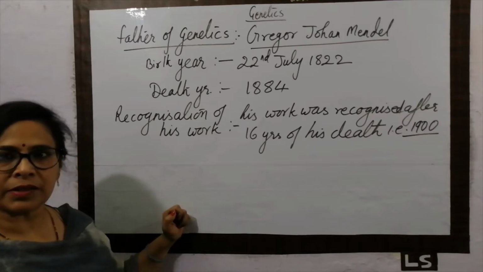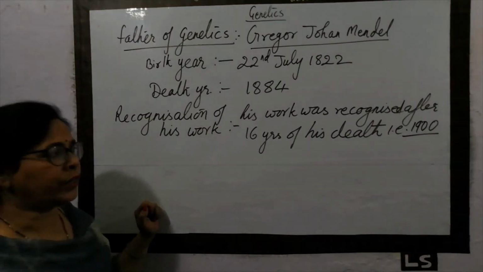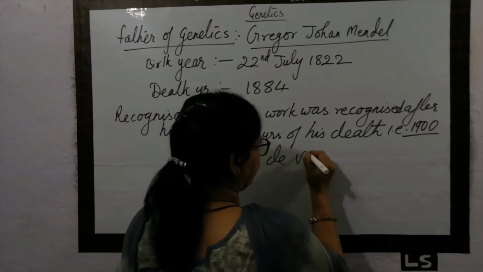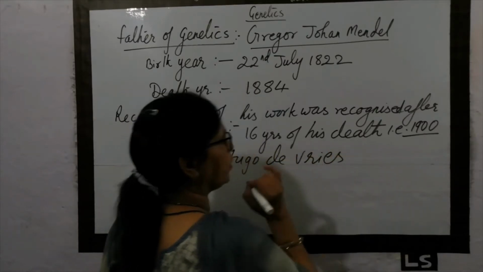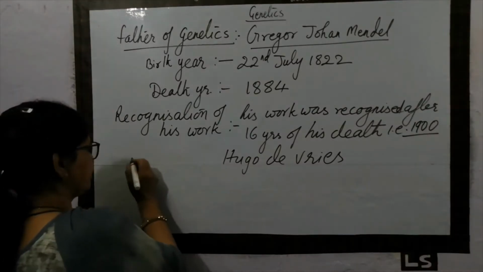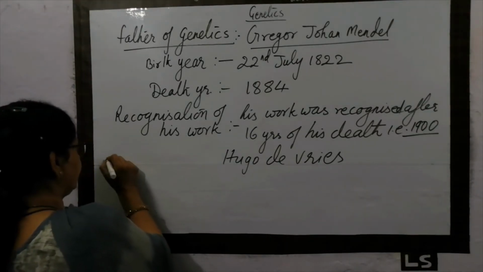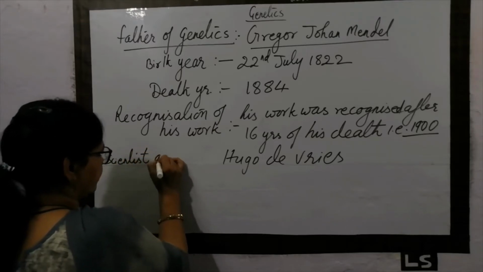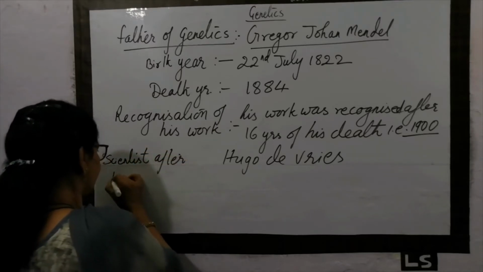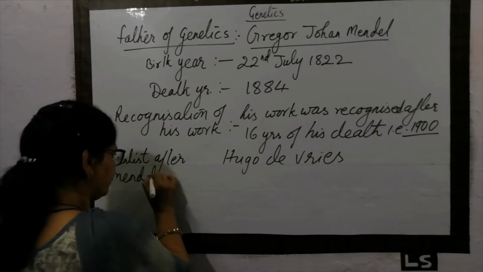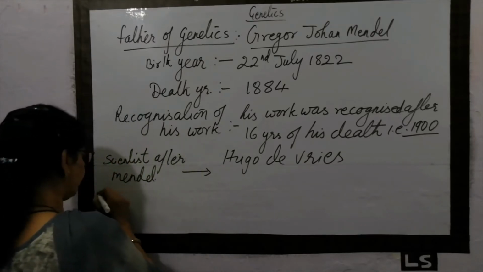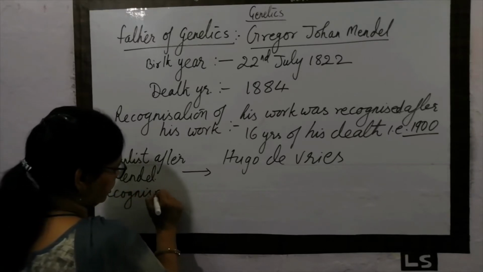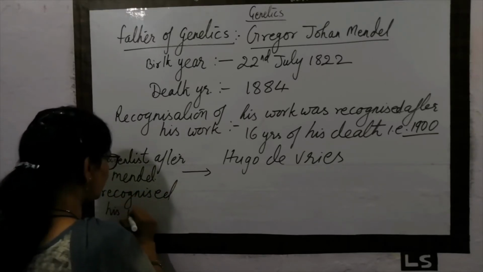Who are these 3 persons? First is Hugo de Vries. The first scientist recognized his work.